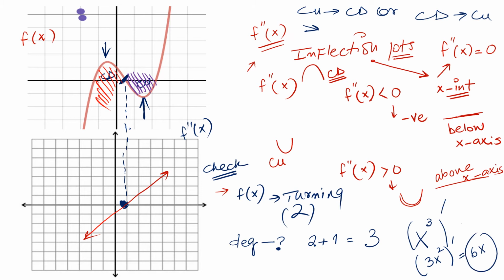And what is 6x? 6x belongs to a linear function, and a linear function, we know that it can be drawn by a straight line, which you can see. So hence proved that whatever you have drawn is absolutely correct.